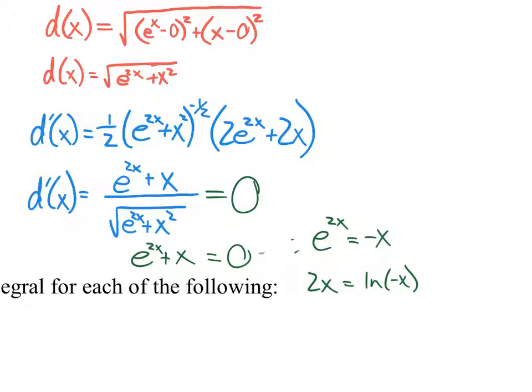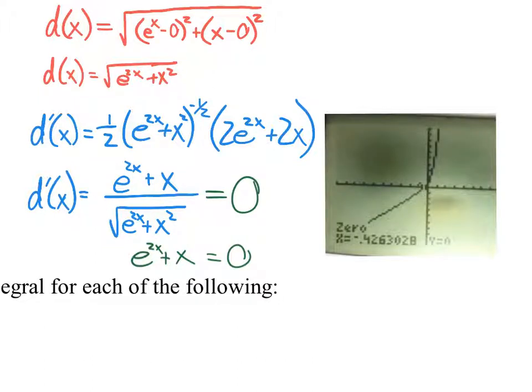Let's go ahead and grab your calculators out, graph it, and find the 0. Plug your e to the 2x plus x in and find the 0 of that function. We do that and we get the 0 at x equals negative 0.4263.